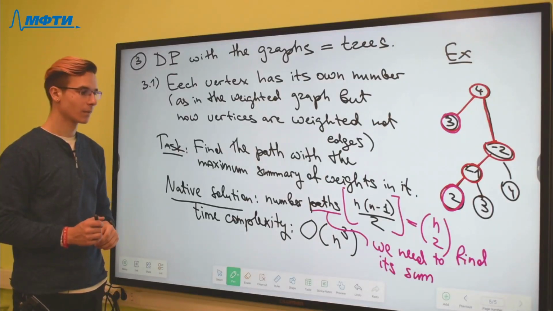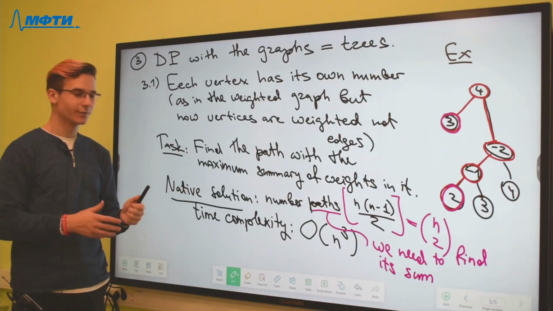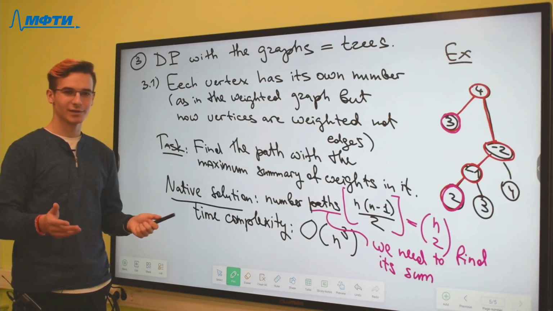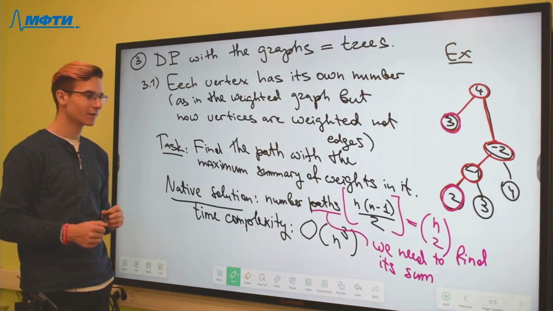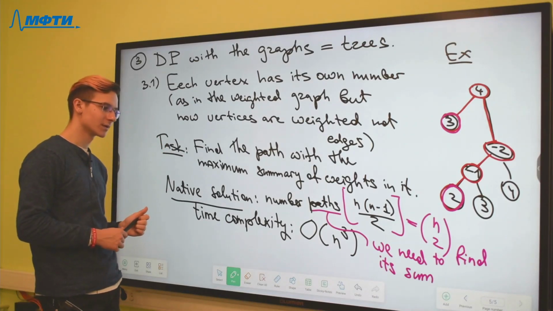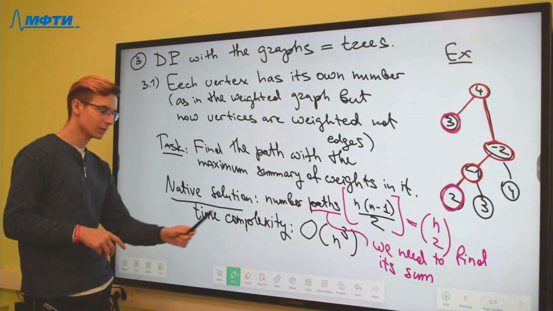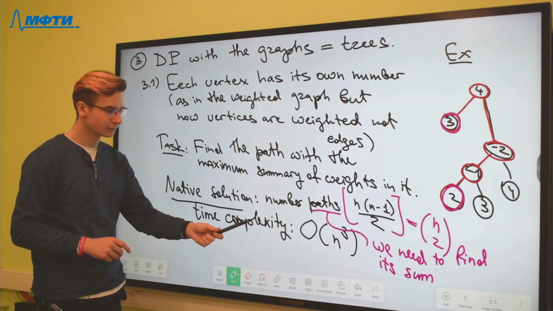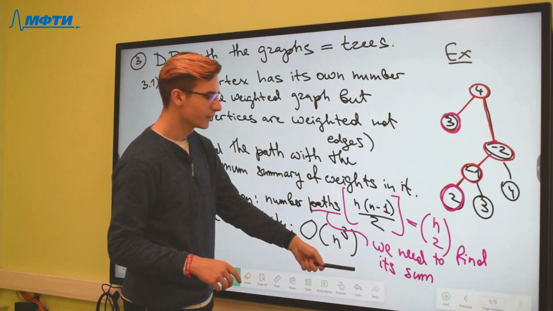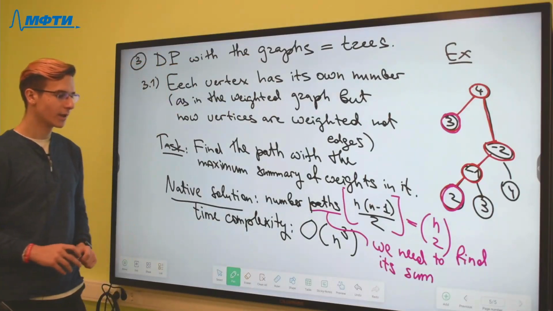Yes. Because if we compare lengths of the paths, of course we need to find the diameter, and you solved this task in the previous contests. But now we have weights in the vertices, and we need to use another algorithm. So we need to find the sum, and we spend on it nearly n time.